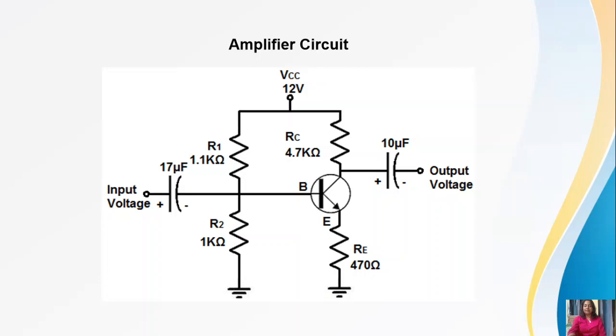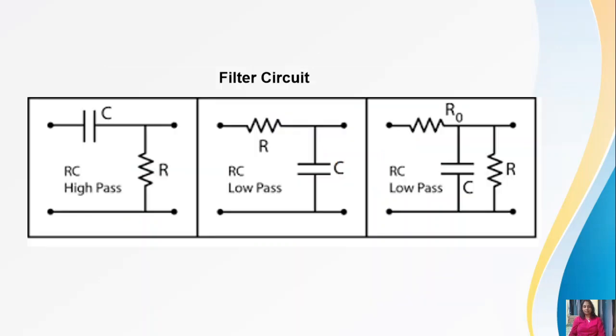The next circuit is the filter circuit. A filter circuit is a circuit which selects a single frequency at the output, or a required frequency. It is made up of resistor capacitor or inductor capacitor, along with or without operational amplifier.